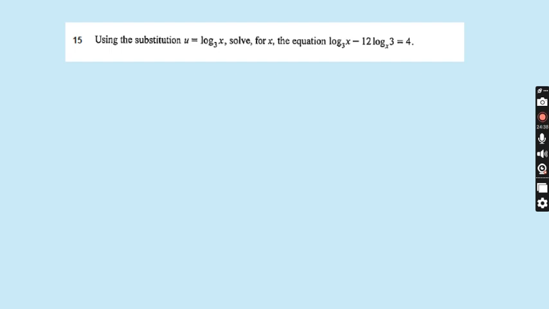Using the substitution u is equal to log 3x, solve the equation log 3x minus 12 log x3 is equal to 4. Very easy.